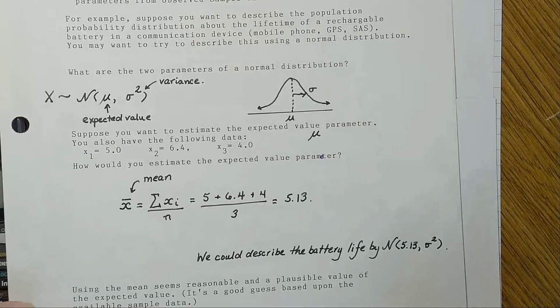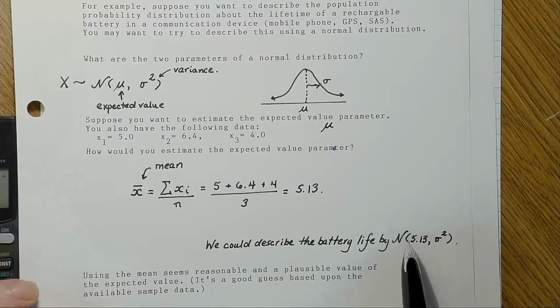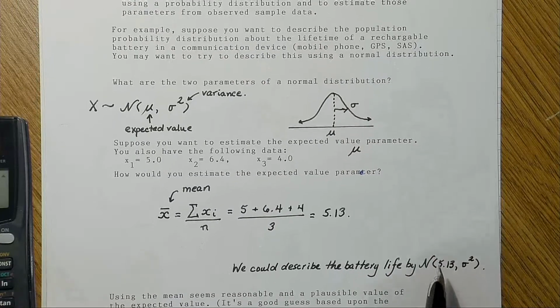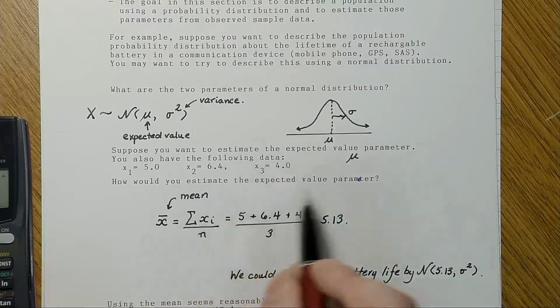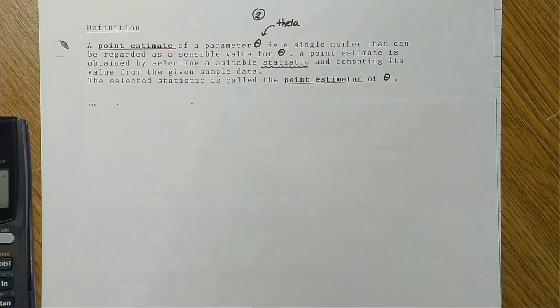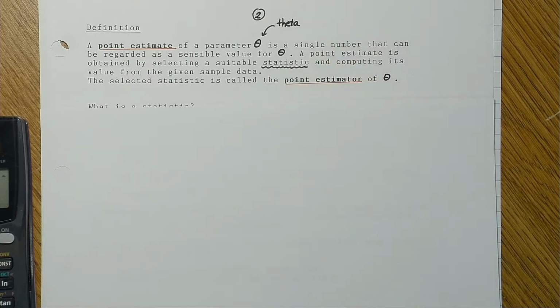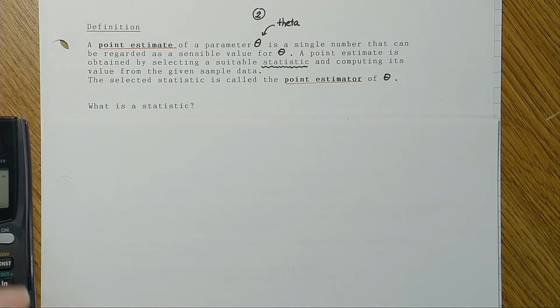So in this case, this is the point estimator of mu. But notice that I used the word suitable statistic. And what is a statistic?